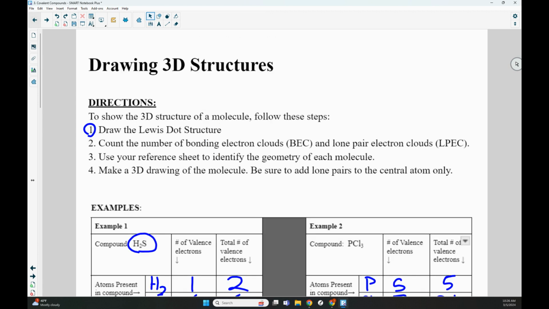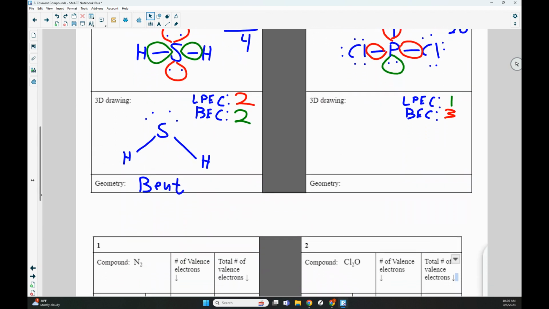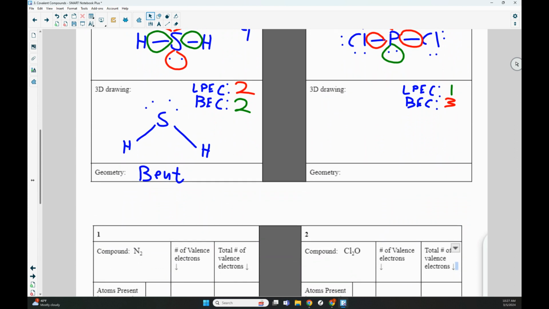Takes a little bit of artistic skill on this, but not too bad. So we've got phosphorus in the middle, and it has a lone pair electron cloud on top of it. And then we've got one chlorine off to the side here in the same plane as the page.